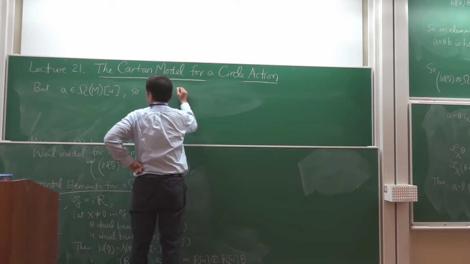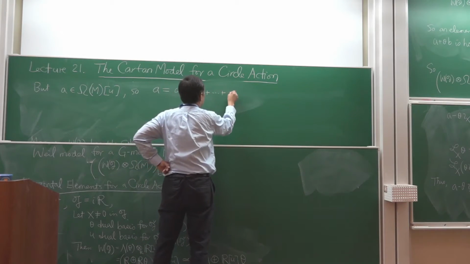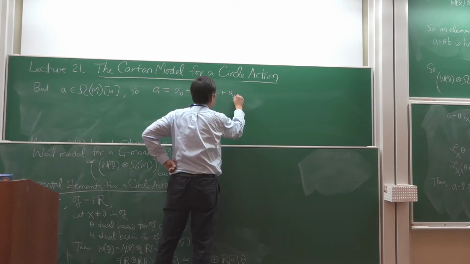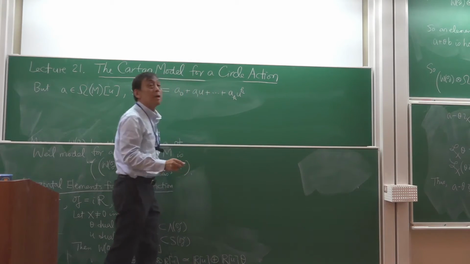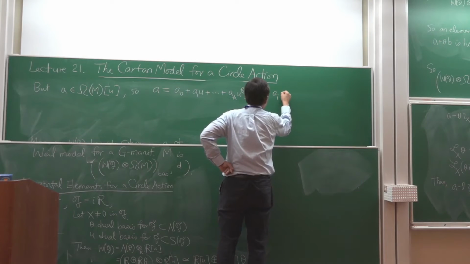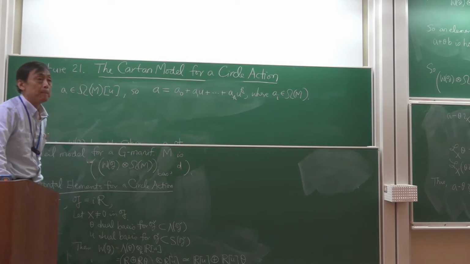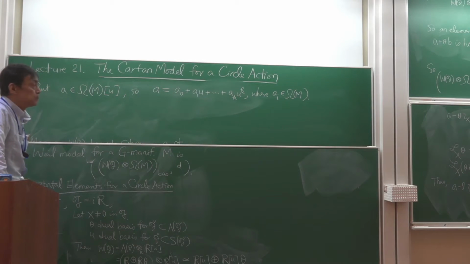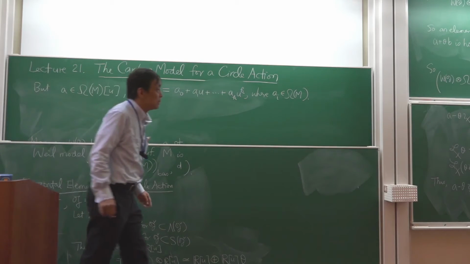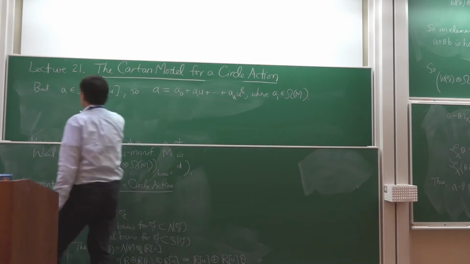So you can write it as, say, A_0 plus A_1 U plus ... plus A_k U^k, where A_i is a form on M. Now, let's see, what is L_X of U?